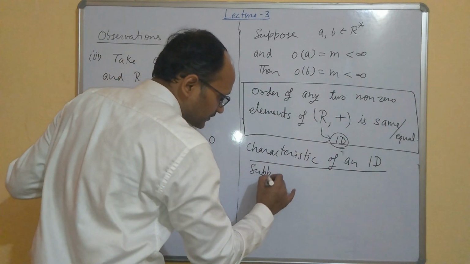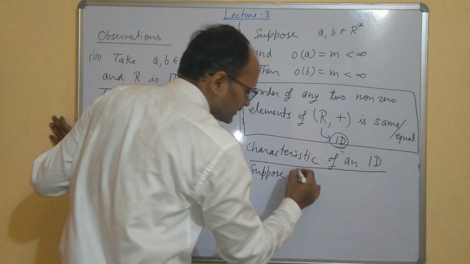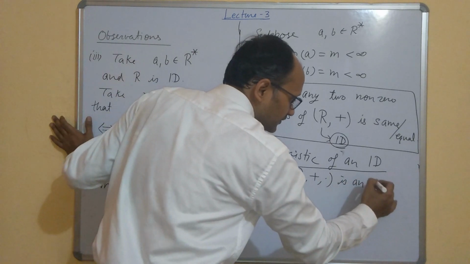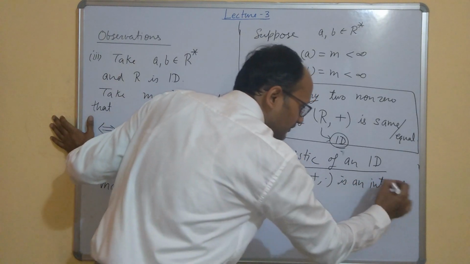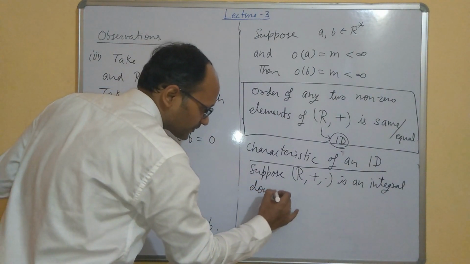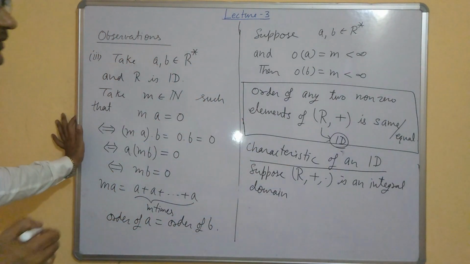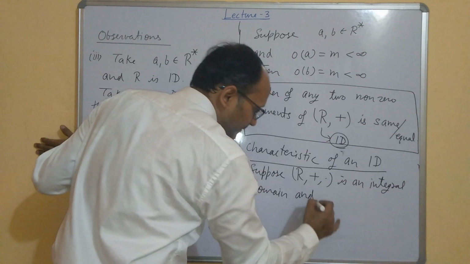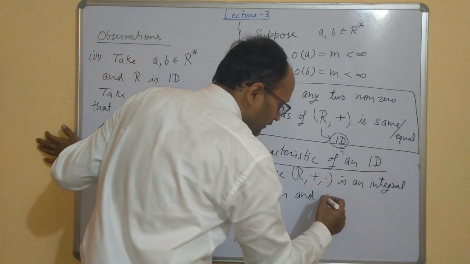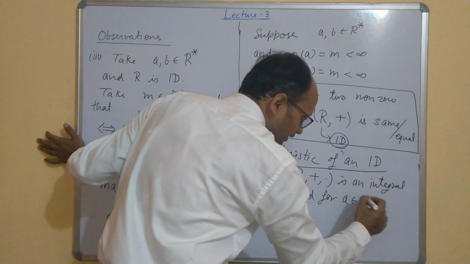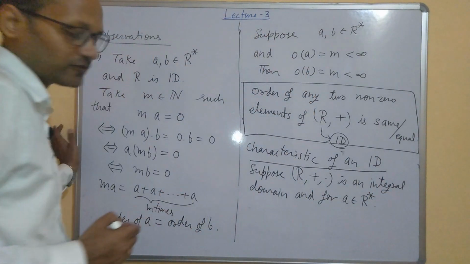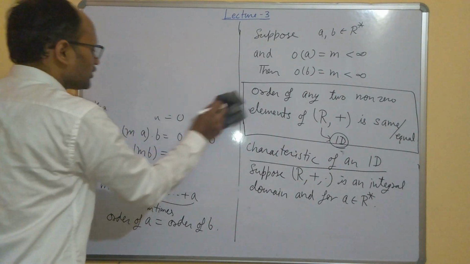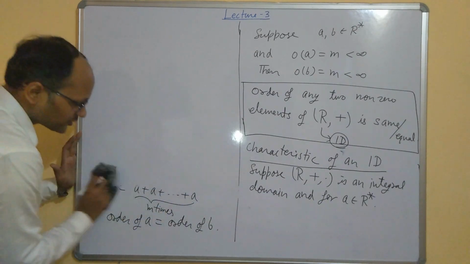Suppose (R, +, ·) is an integral domain and a is in R star. So take a non-zero element, because the additive order of any two non-zero elements is the same.